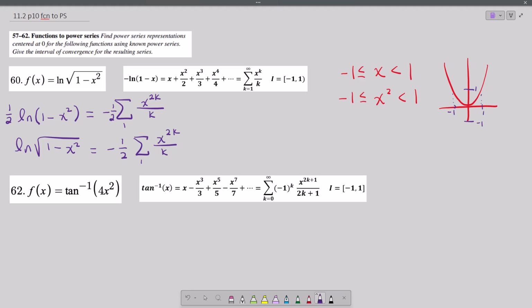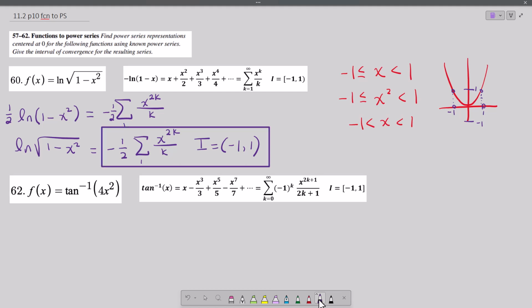And we want to exclude these two because we got to be less than 1, not less than or equal to 1. And so if we are at 1, we want to exclude it, so that puts us right up there. So our x's have to be between -1 and 1. So we see that we lost convergence at -1. And so the IOC for this right here is going to be -1 to 1 with parentheses. So there is our power series with its interval of convergence.